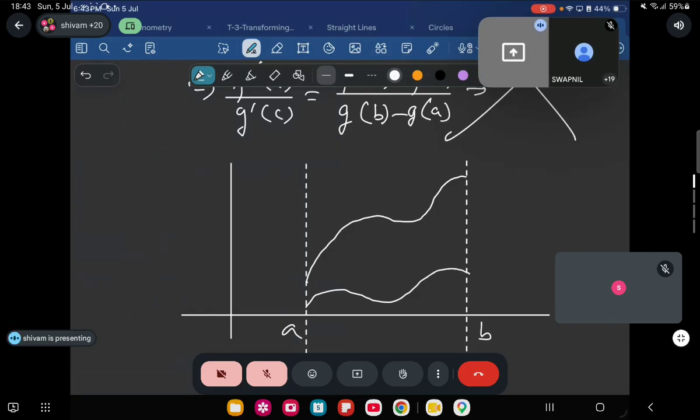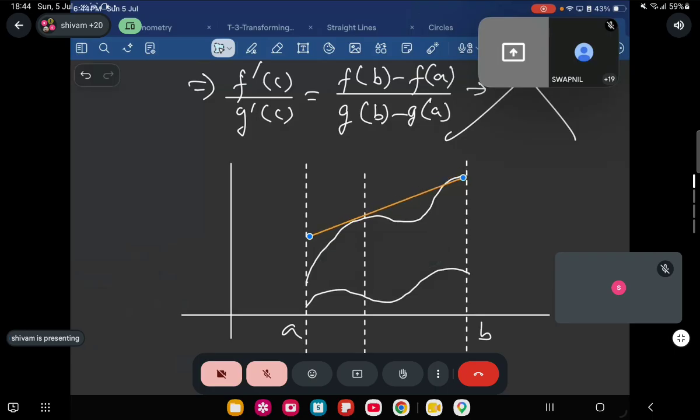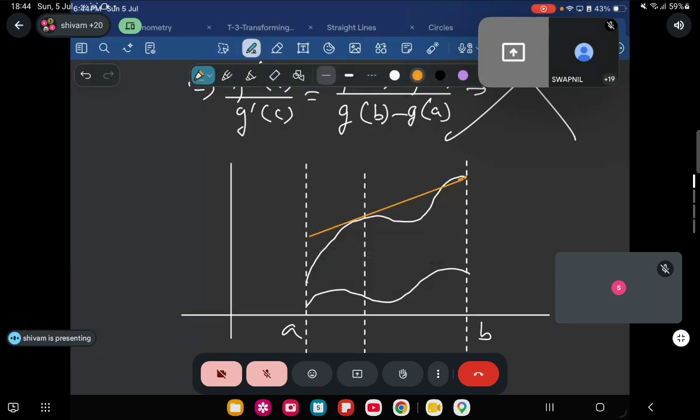At a particular value of c, it might happen that you can apply LMVT for f(x), but at that particular point, can you apply LMVT for g(x)? It might not be possible. At that particular point, are the tangents parallel for both f(x) and g(x)? Yes or no? No, right?